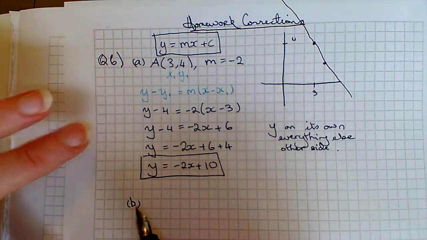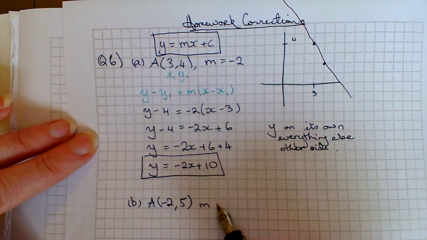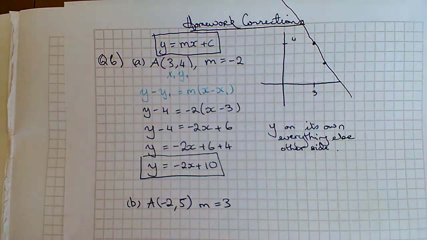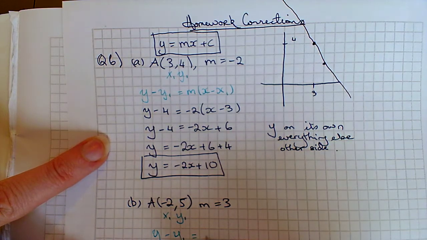We're given the point A, which is -2, 5, and the slope m, which is 3. I'm going to use the same formula as before. This is my point, so it's x1, y1, and I'm filling into y minus y1 equals m by x minus x1.